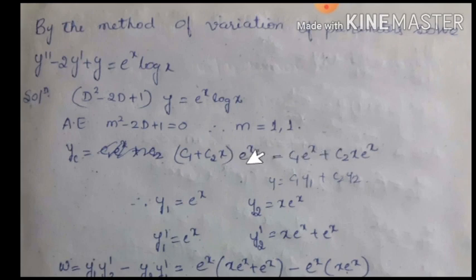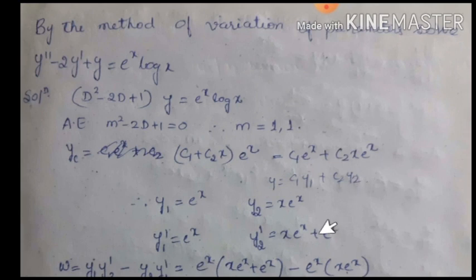So to write it properly, let me open this bracket: e to the power of x into c1, plus c2 into x into e to the power of x. So it will be easy for us to write it down. What is y1? y1 is nothing but e to the power of x, and y2 is nothing but x into e to the power of x.